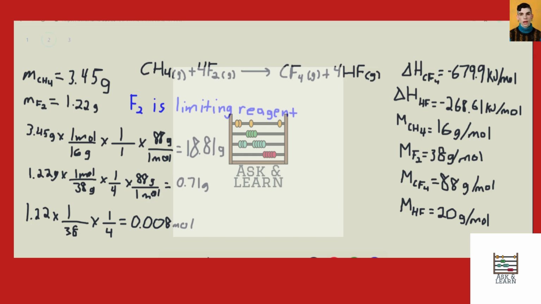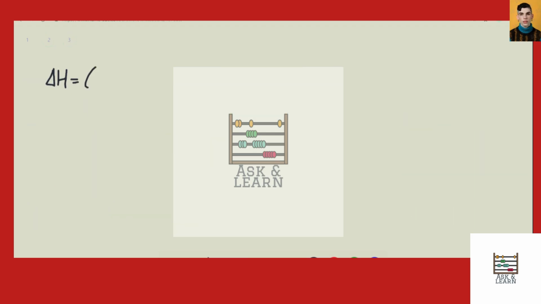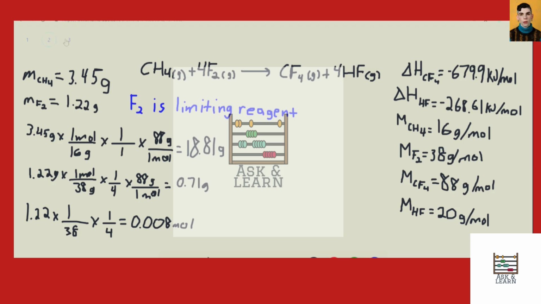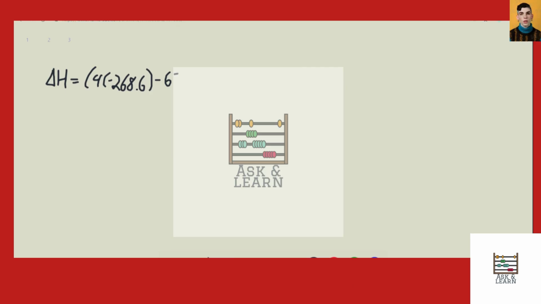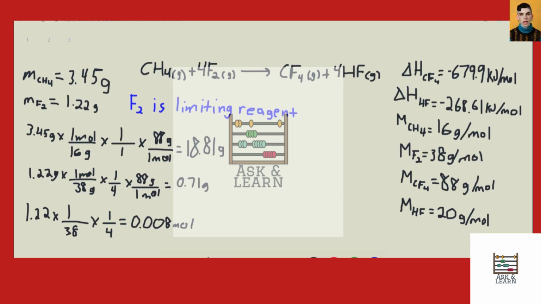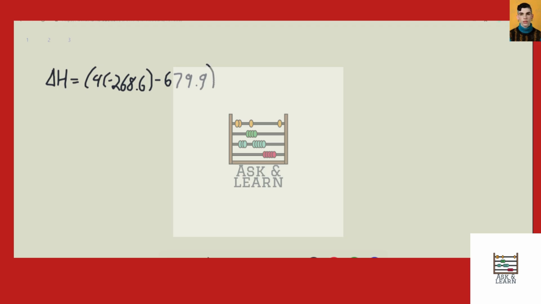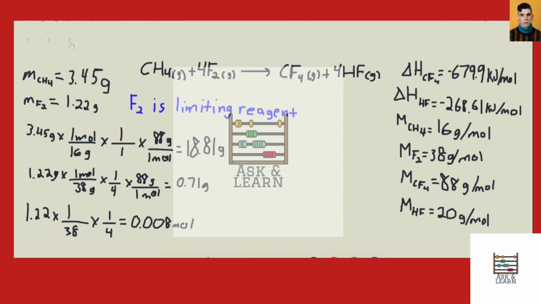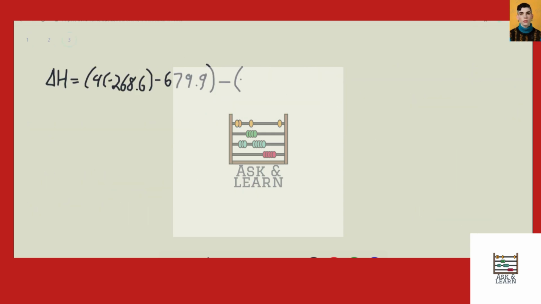So delta H is equal to 4 times negative 268.6, minus 679.9, minus, remember, fluorine is in its standard state so its delta H is 0, and minus the delta H of CH4, which is negative 74.8.